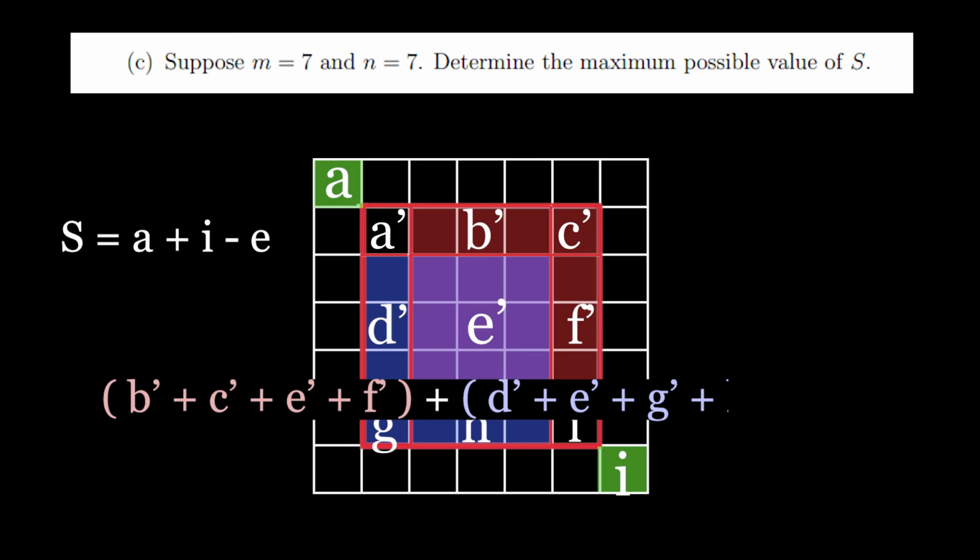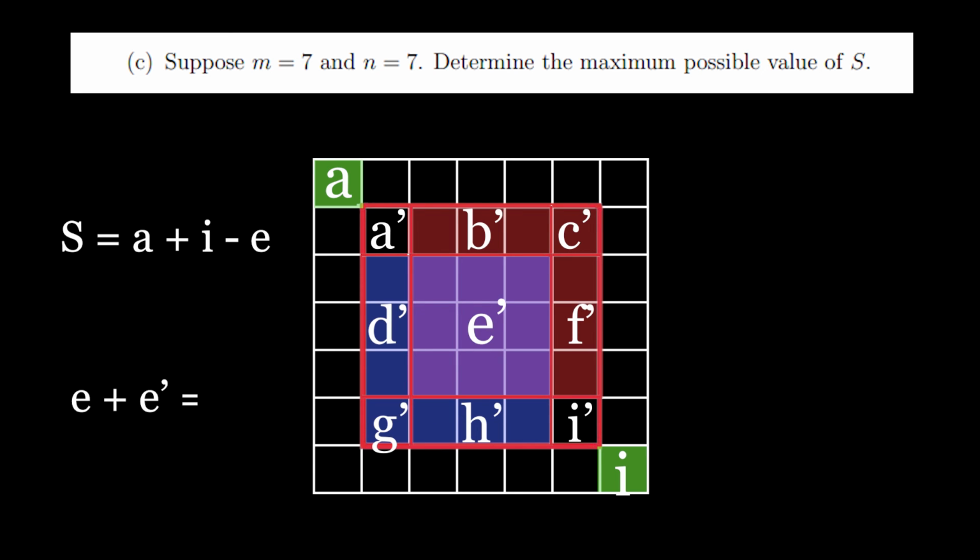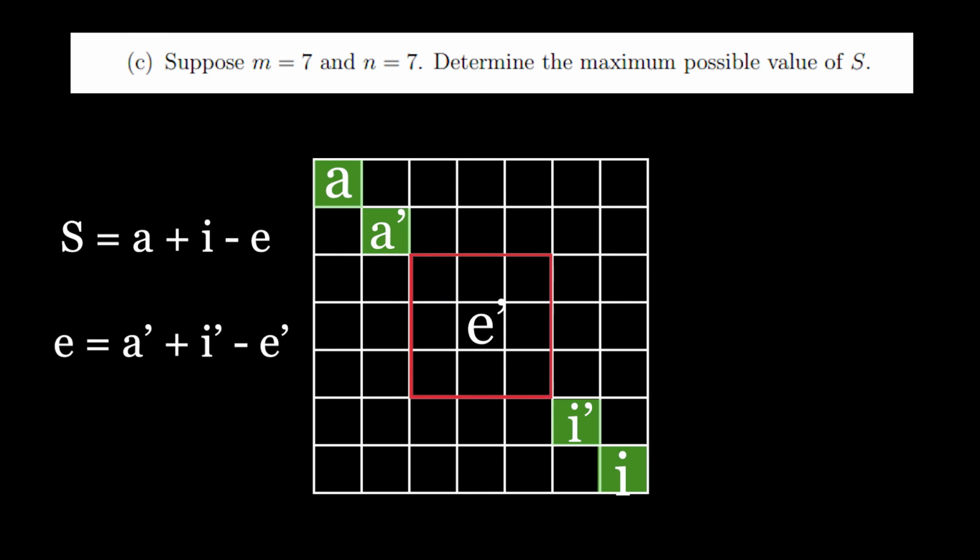Since a 4x4 has a sum of 0, we can write the following equation, and rearranging that equation, we have E equals A' plus I' minus E'. Let's substitute E back in the original equation, and we end up with S equals A plus I minus A' minus I' plus E'.